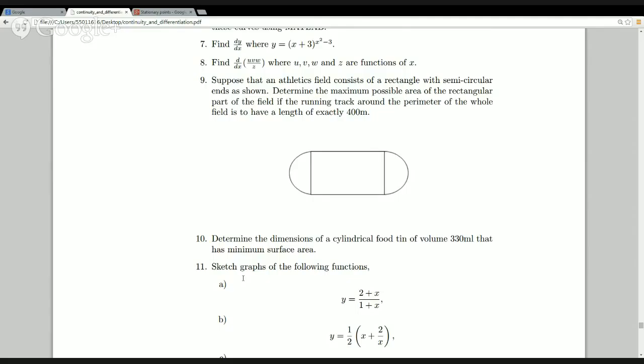The corresponding height will be 330 over pi times 3.75 squared. I don't have an approximate value of that, but I think when you work it out, it accords pretty well with what a tin of baked beans is. So that's the optimum value to minimize the surface area.